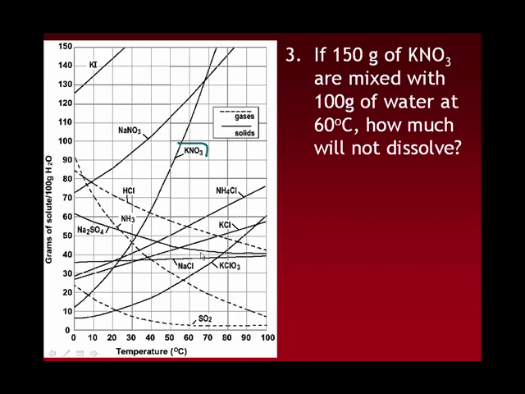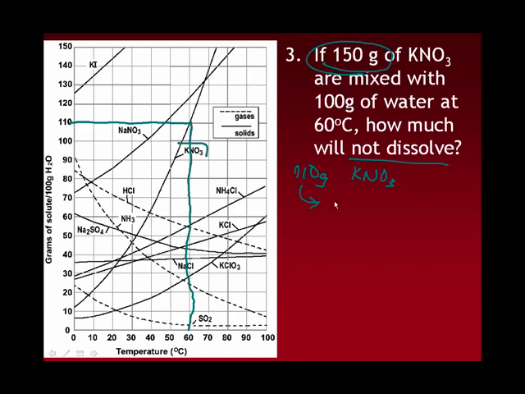I'm at 60 degrees Celsius. Get down here, 60 degrees Celsius, follow the line. Boom, up here, across. Alright, so I can get 110 grams of KNO3 in there. But I mixed in 150 grams, and it's asking how much doesn't dissolve.